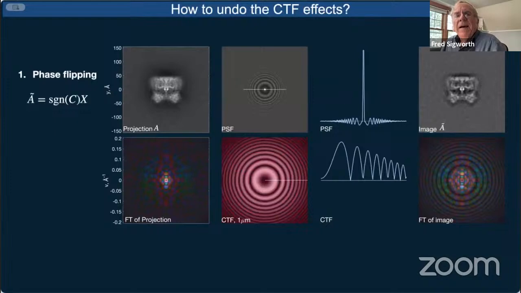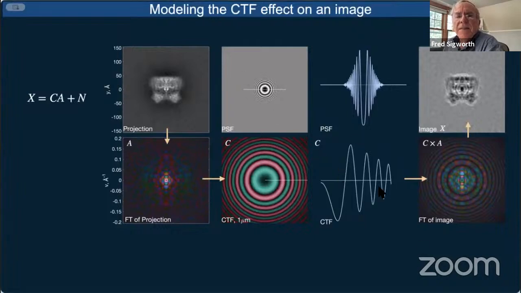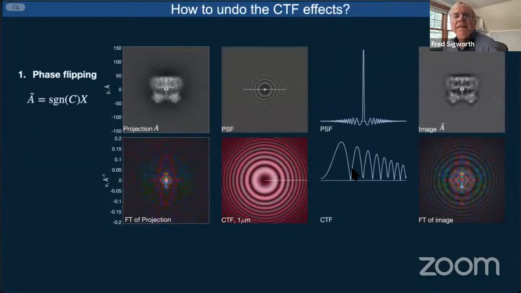Okay, so how are we going to do this? One way to do it is to get rid of the horrible fact that the contrast alternates at various spatial frequencies. So an old trick is to convert it so that the CTF in effect always operates in one direction. It's called phase flipping. What we do is we take the contrast transfer function and flip the phase.